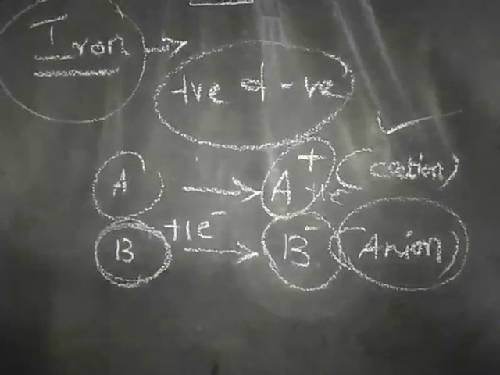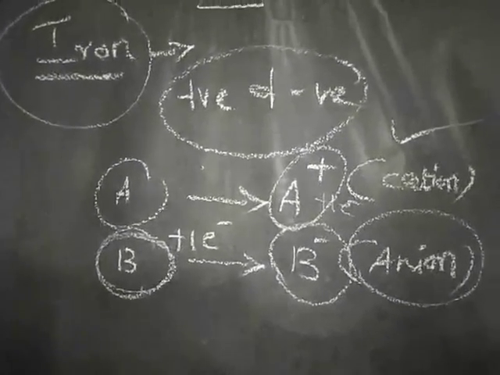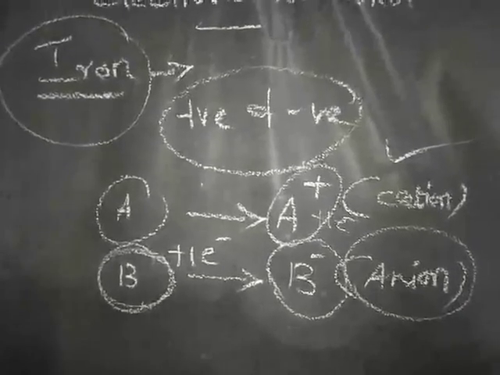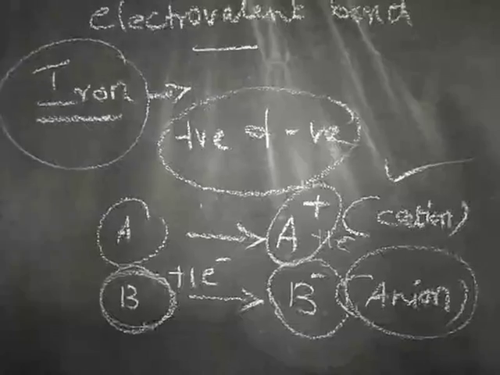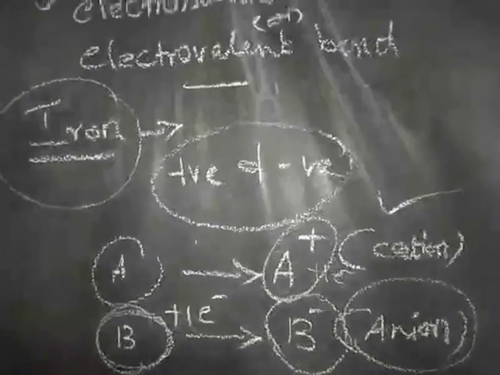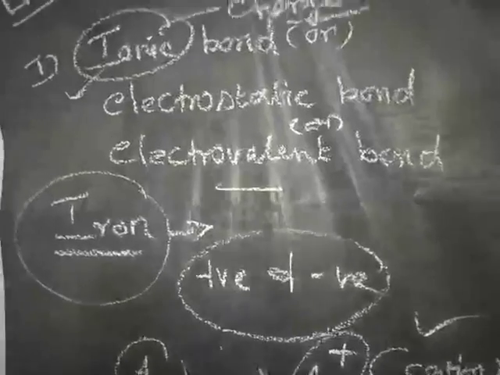The atom that loses an electron forms a cation, and the atom that gains an electron forms an anion. This is the small information about the ionic bond, or electrostatic bond, or electrovalent bond.